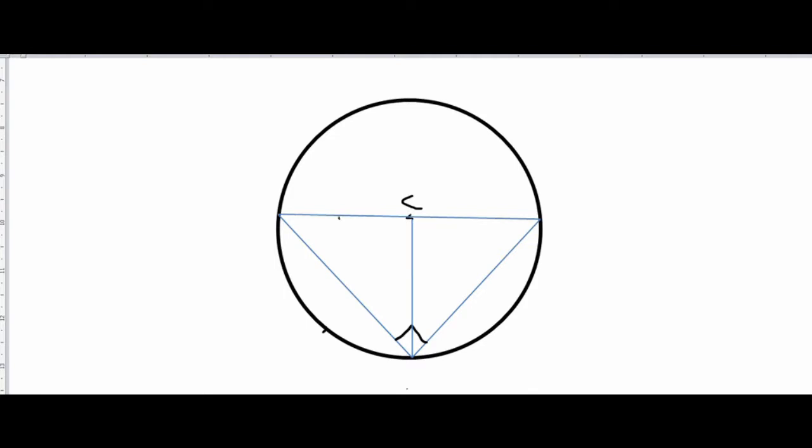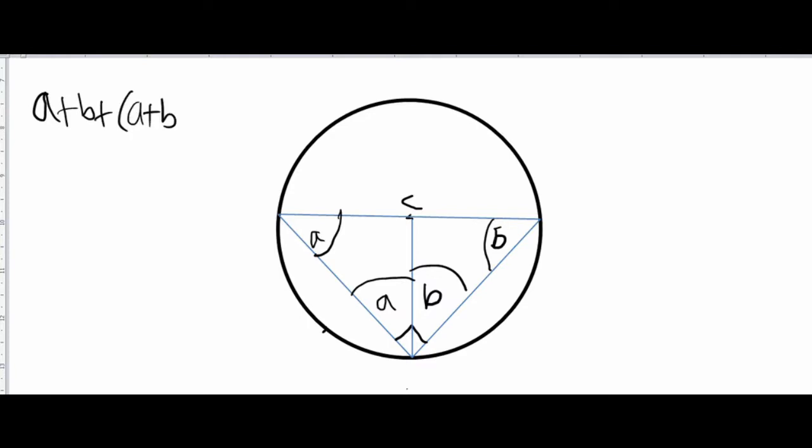So if I call this angle A, then this angle here will also be A, and if we call this angle here B, then this angle will also be B. Then because angles in a triangle add up to 180 degrees, we get A plus B plus A plus B is equal to 180.